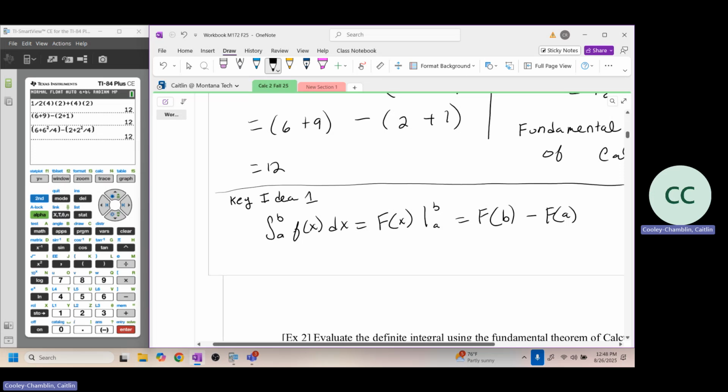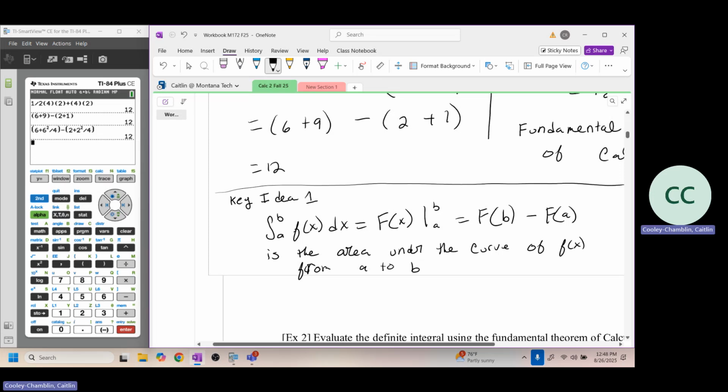And what that is without symbols, because that's a lot of symbols, is the area under the curve of our original function, lowercase f of x, from a to b.